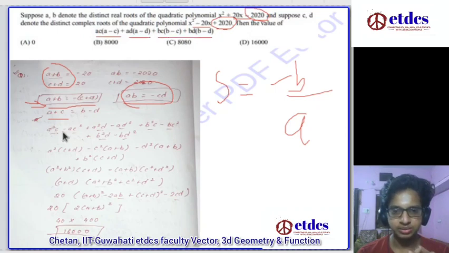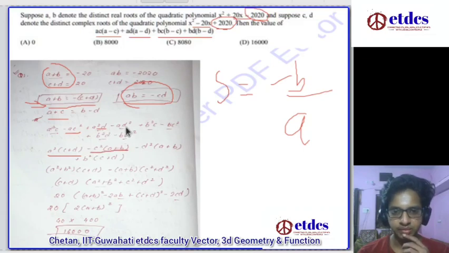So we get a square c minus ac square, a square d, and so on. What we see here is a square c in this term and this term. A square can be taken common, so we get a square into c plus d. Similarly, there is a bc square term and one more c square term, minus ac square, so minus c square into a plus b.